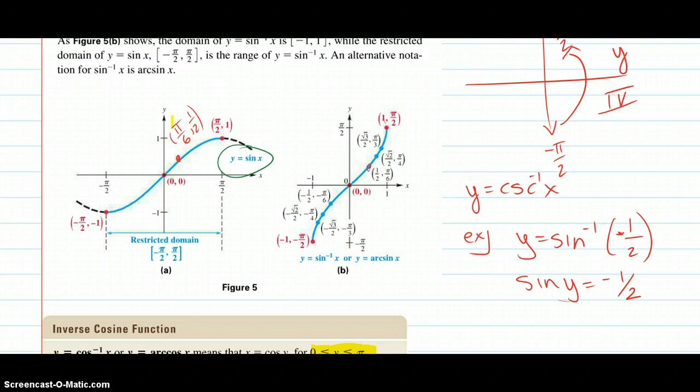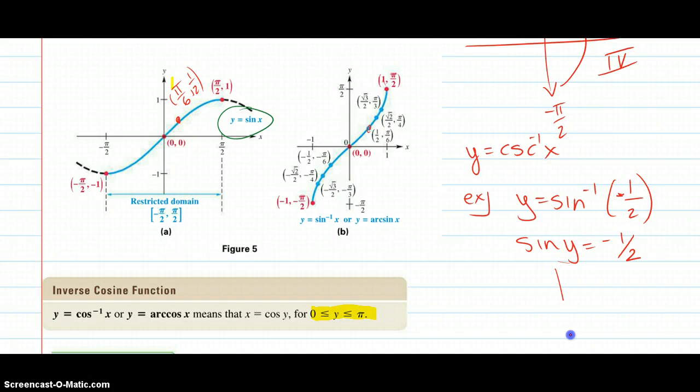So what quadrant is sine negative? We know it's either in the fourth or the third.